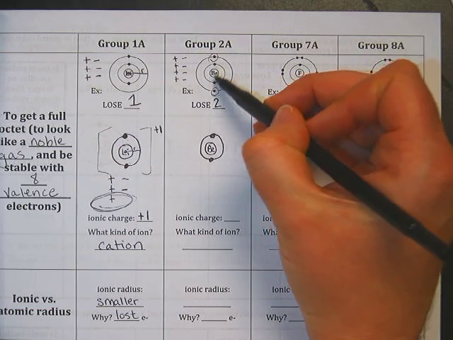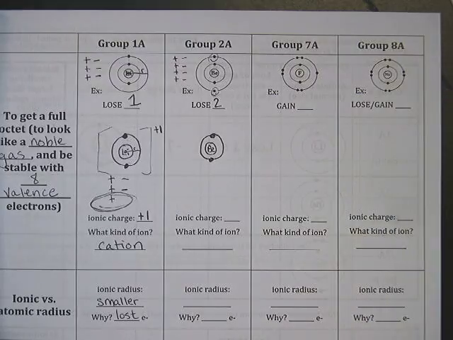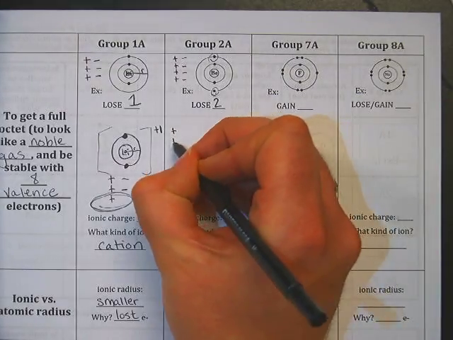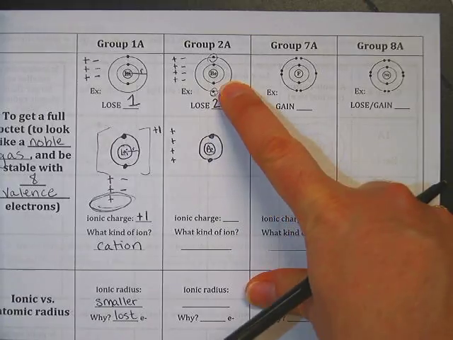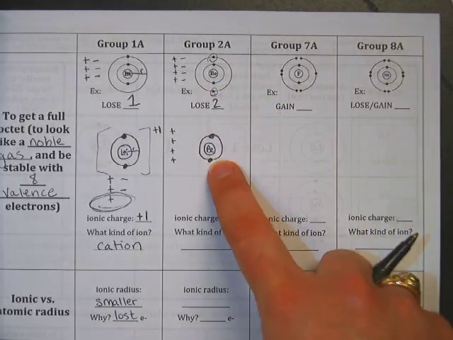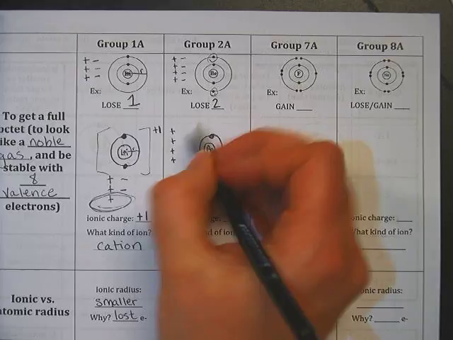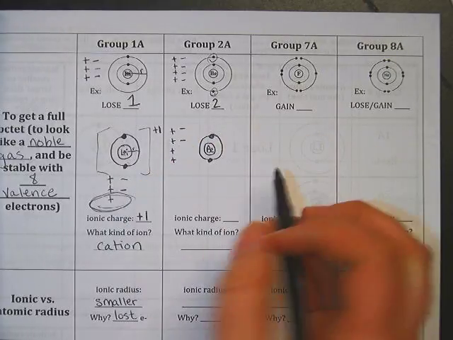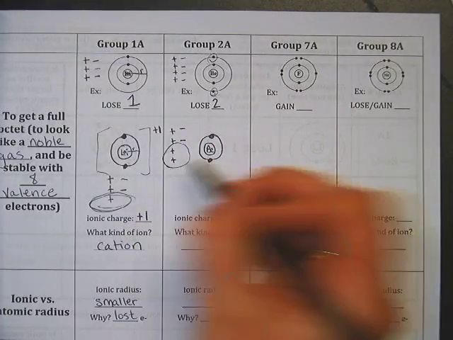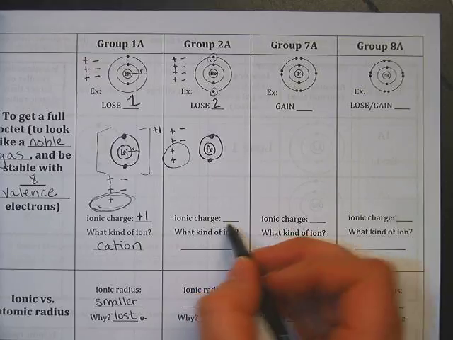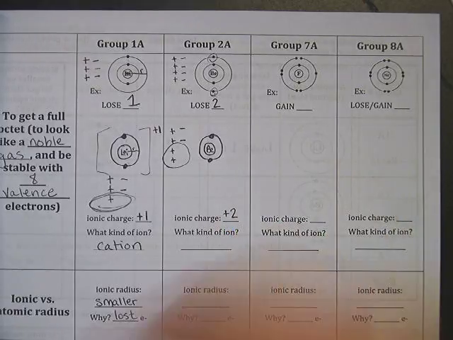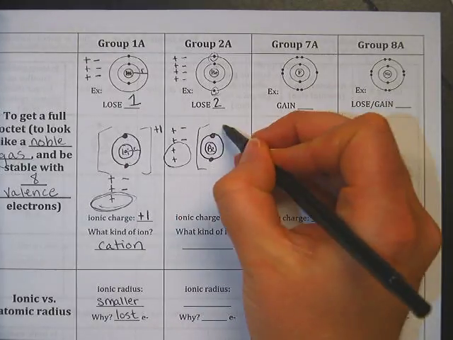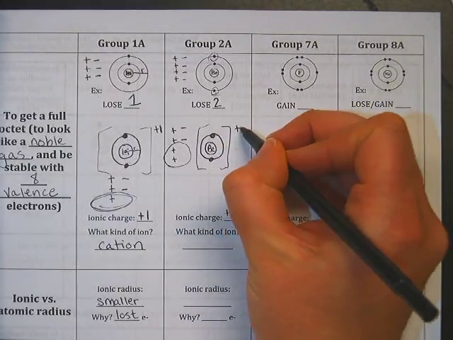We can see that in this picture. At the end, it still has 4 protons. But after it lost those 2 outside valence electrons, now how many electrons does it have? 2. Which means there's 2 leftover pluses here. So what kind of charge are we going to have? Positive 2. That means this is an ion with a +2 charge.